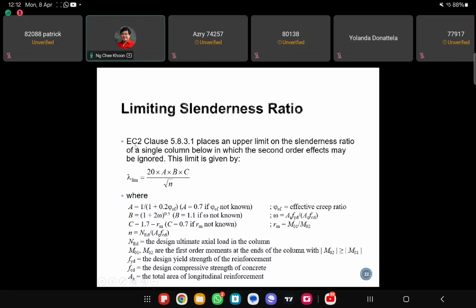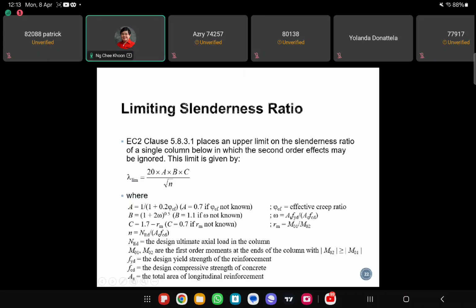Okay. So EC2 clause 5.8.3.1 places an upper limit to the slenderness ratio of a single column, so the second order effects may be ignored. So if your lambda of your column is more than lambda limit, then you need to consider second order effects, meaning that your column is slender, right?